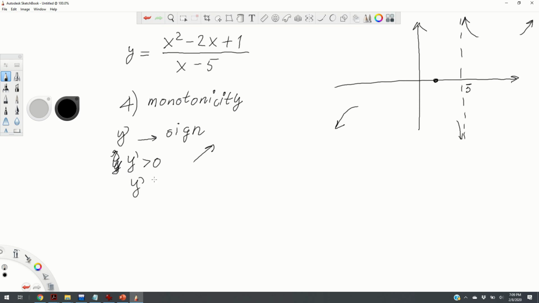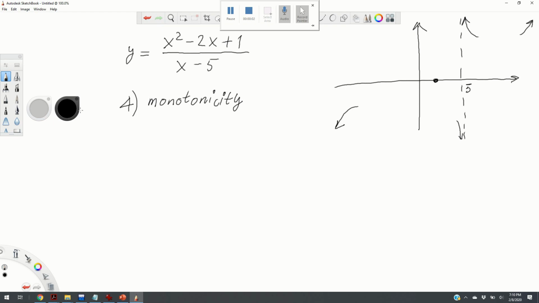If the first derivative is negative, the function is decreasing. If the first derivative is equal to 0, the function has a maximum or minimum at the corresponding values of x.